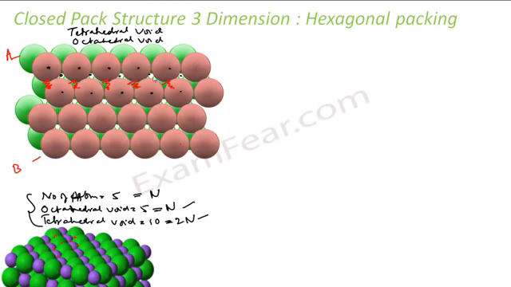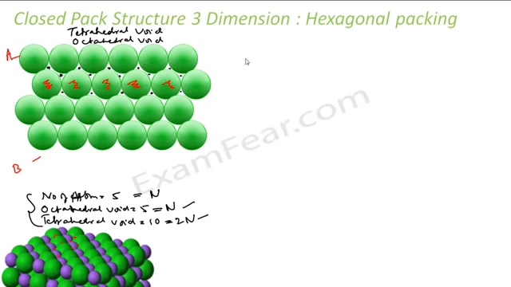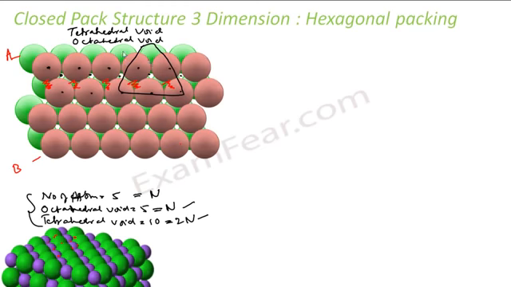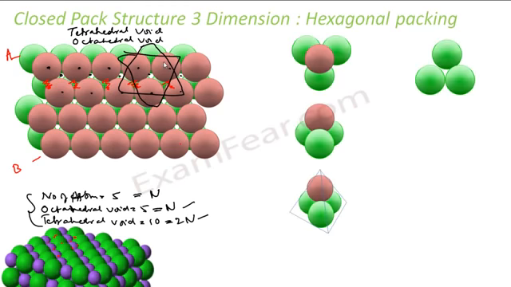Please note, at least 6 atoms are involved here. 3 green here, and on the top we need 3 red. Correct? So let's draw this. So for simplicity, we have these 3 green. On top, we have 3 red.